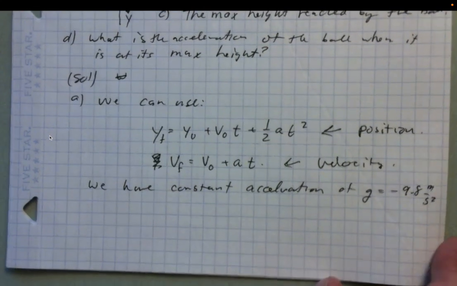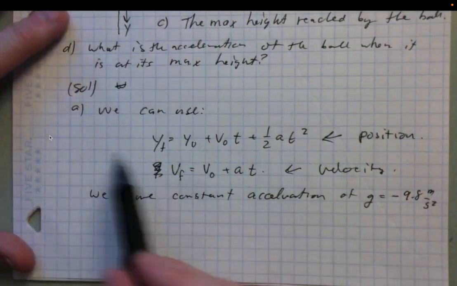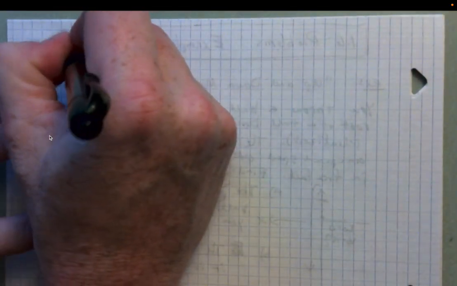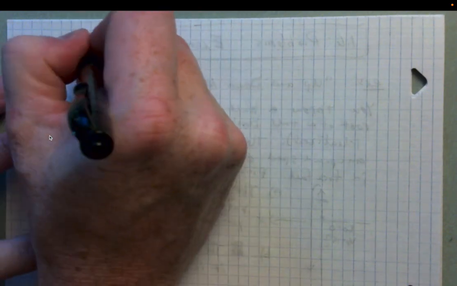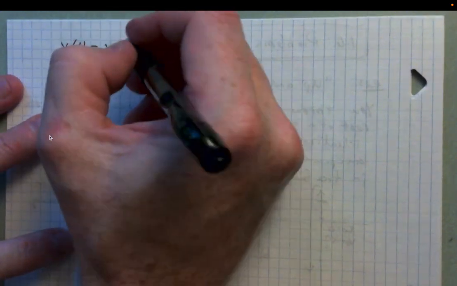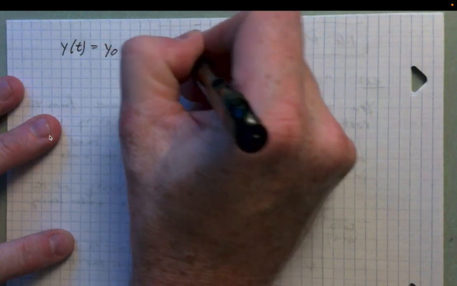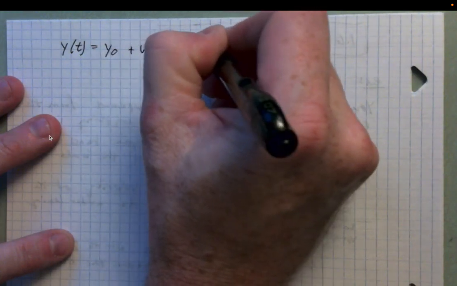Okay, all right, so we have the constant acceleration, and we have two expressions that we can use to calculate these things. So let's go ahead and do so. Let's start by plugging in the known quantities. Position as a function of time is equal to y naught plus v naught t plus 1/2 g t squared.